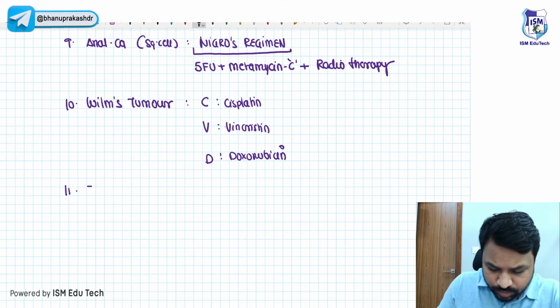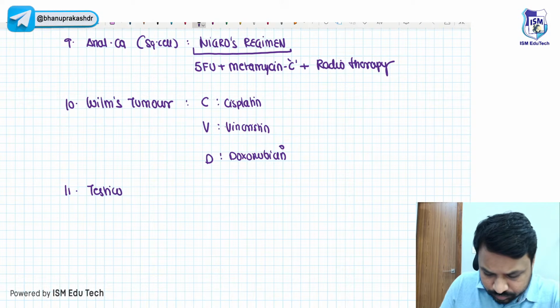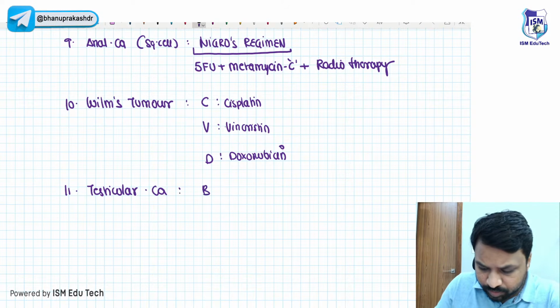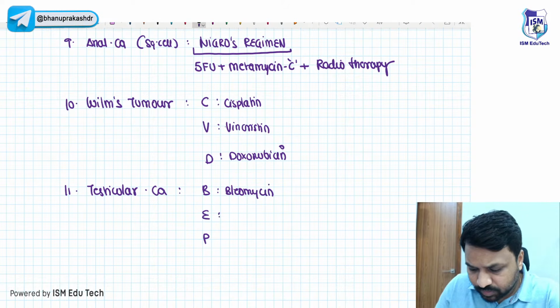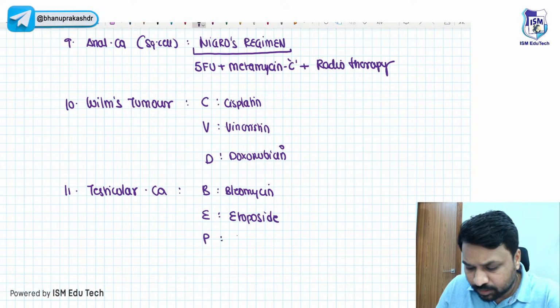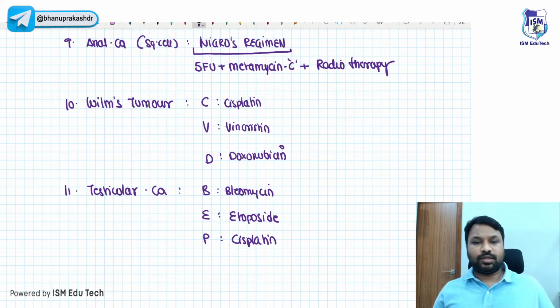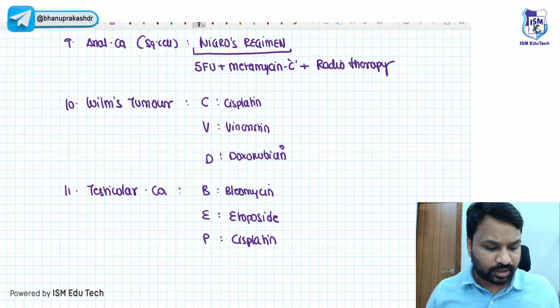For testicular tumors, for testicular carcinoma, we have BEP. B stands for bleomycin, E for etoposide, P stands for platinum compound, that is cisplatin. Okay.